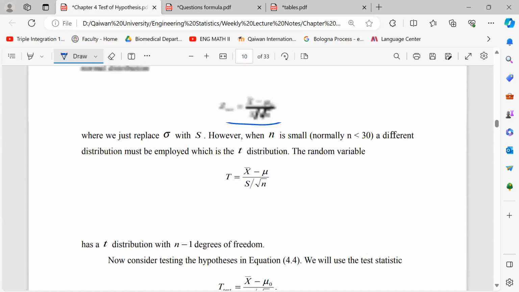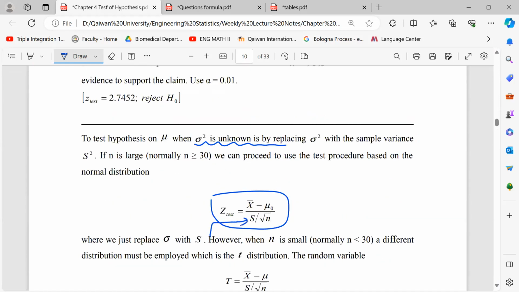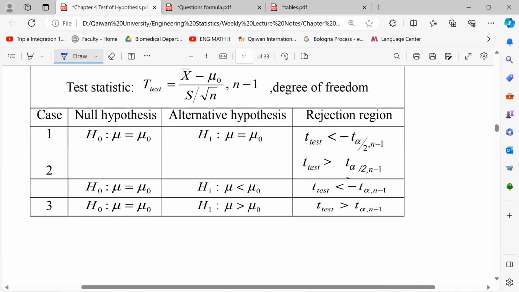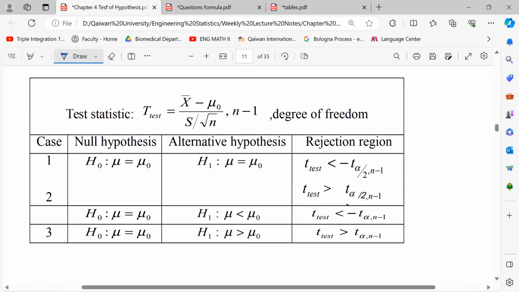But instead of having sigma here, we have the standard deviation. It's the same rule. But in this case, we use the t-test.